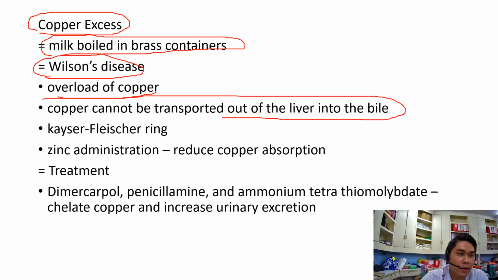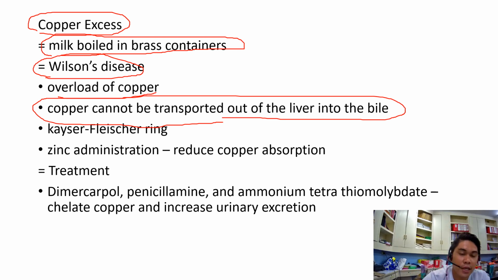The way to remove the excess copper from our system is via bile. The problem in Wilson's disease is that the body cannot transport the excess copper into the bile.